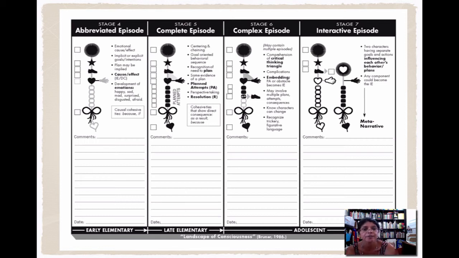Stage 6, you have everything filled in with an extra kickoff in the middle of the sequence, and then stage 7, which is an interactive episode, is more complex. You may have more than one episode in the story, or more than one way of sequencing some kind of problem-solving strategy.